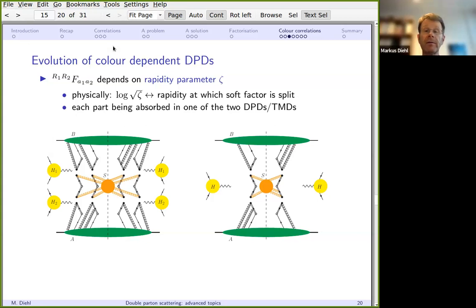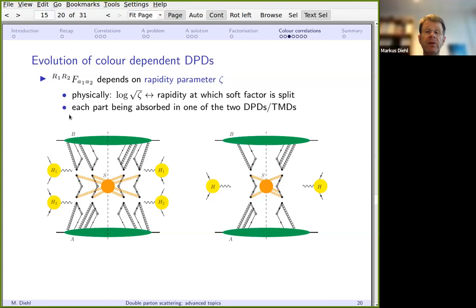And the soft factors, when you split this overall soft factor into two pieces that you assign to one or the other of the hadrons, remember that's what I said before, then you have to specify how you split this into two pieces. And the natural way to do that is to say, well, all the part of these soft gluons going more or less in the direction of this proton go down here, and all the gluons with a rapidity that is negative are put into the DPD for the negative rapidity proton.